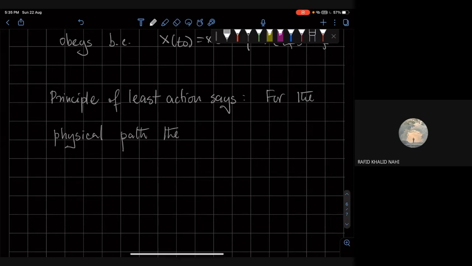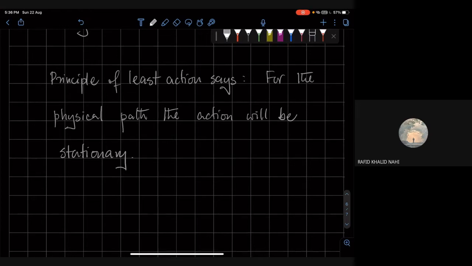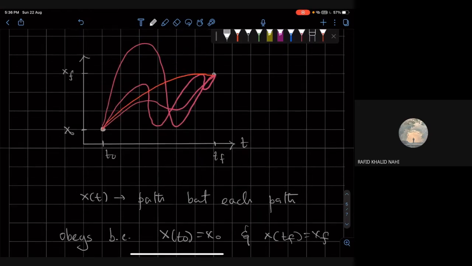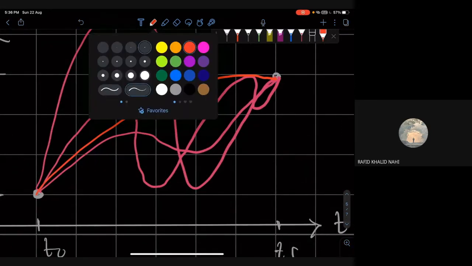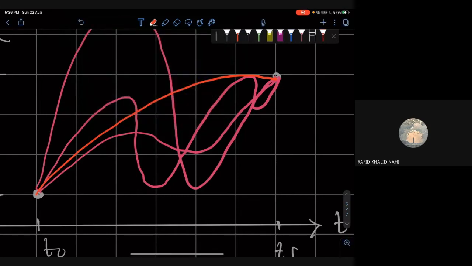So for the physical path, the action will be stationary. So what does this mean? It means that if you change your physical path a tiny bit, so you take your physical path and you change it infinitesimally. So this is your physical path, and you're changing the path ever so slightly.